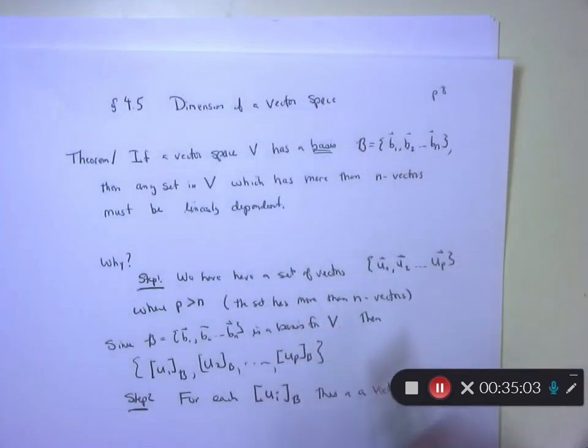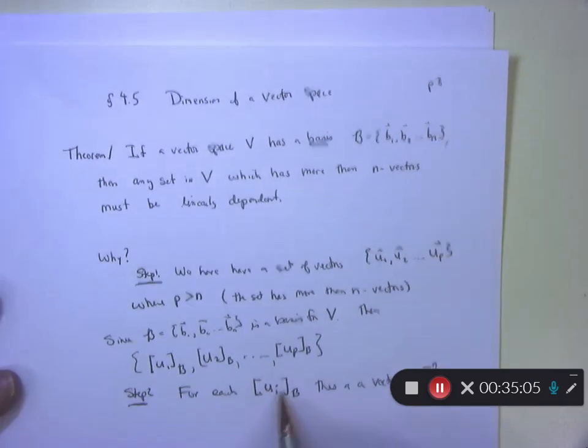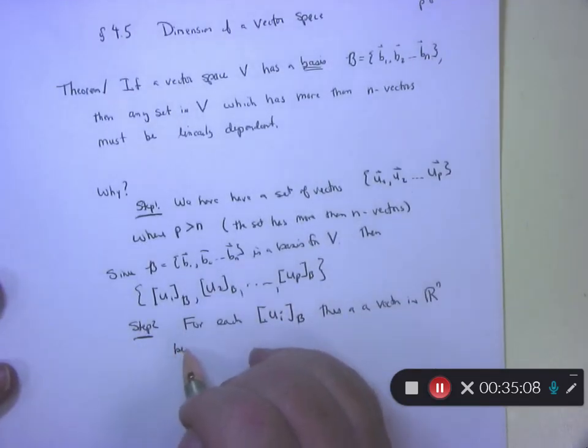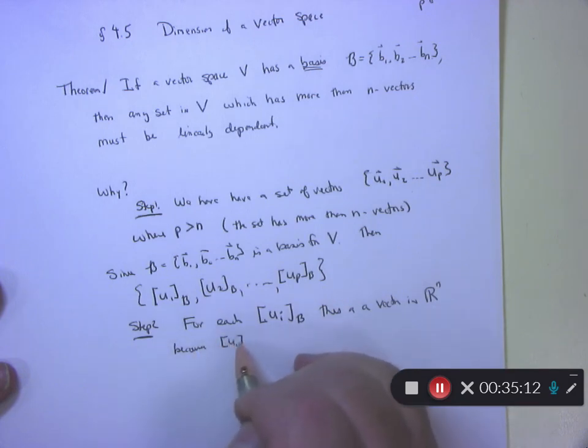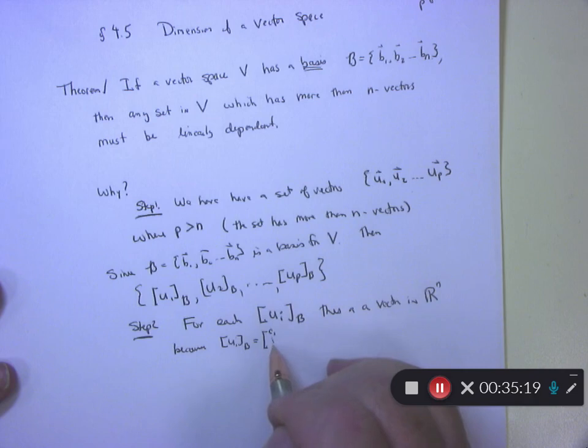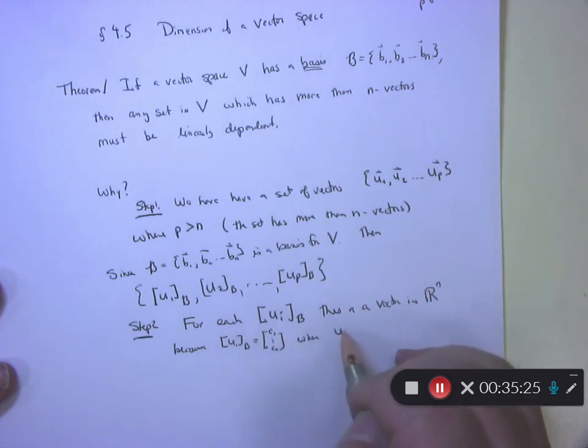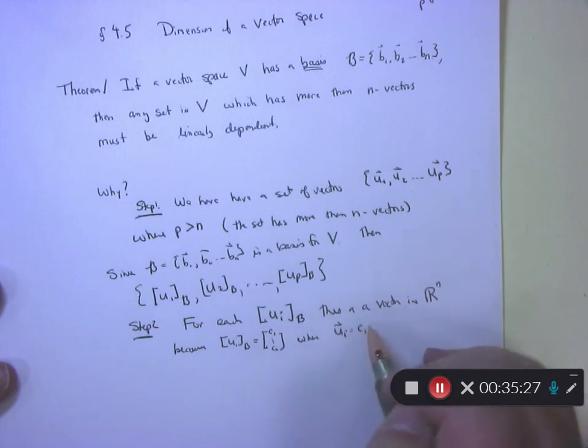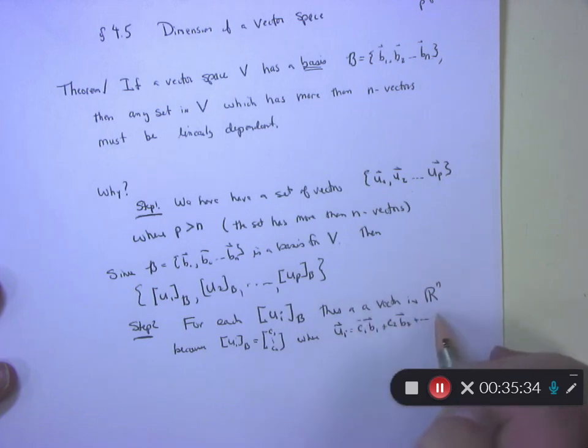So we're talking about this guy right here, because Ui relative to B is equal to the vector c1 dot dot dot out to cn, where the Ui vector is equal to c1 times beta 1 plus c2 times beta 2 plus dot dot dot plus cn times beta n.